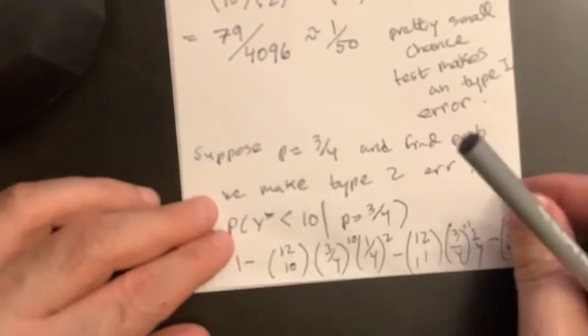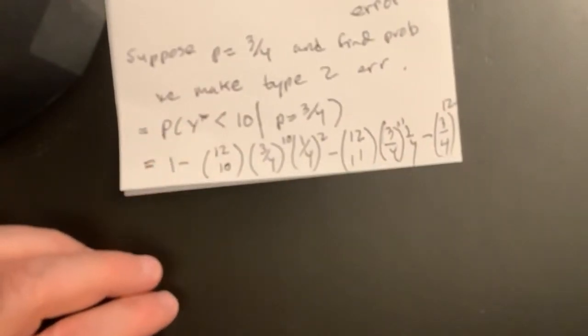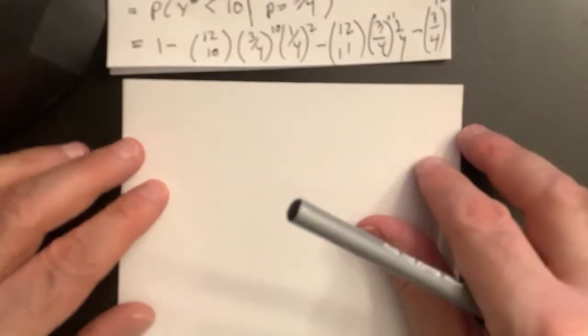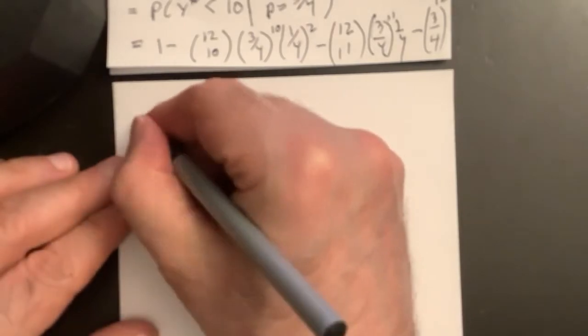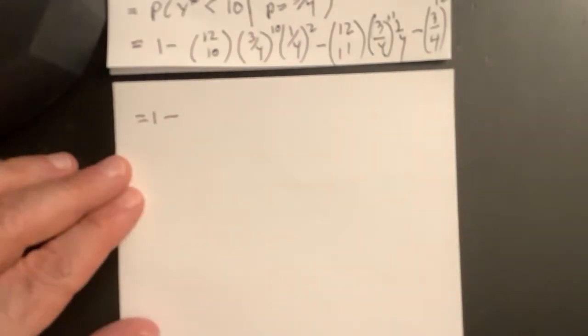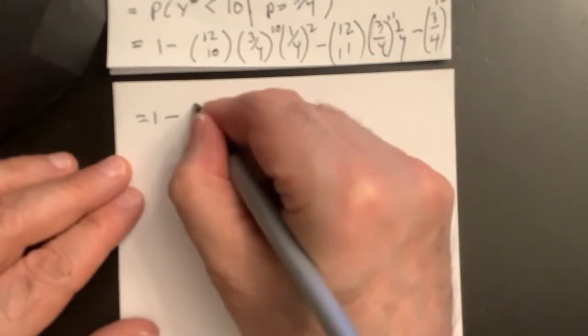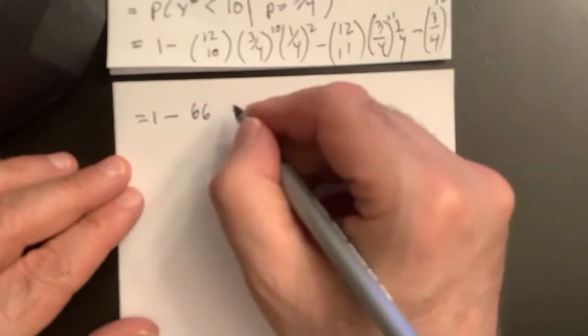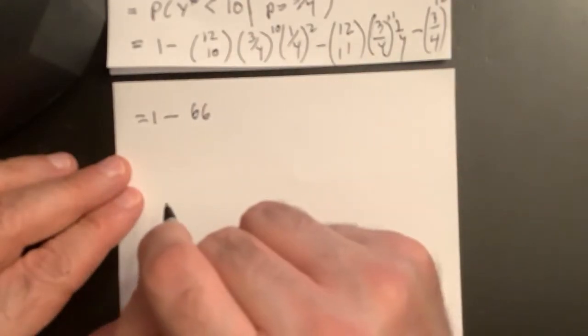We can actually compute these. What do we get? We get 1 minus, I get 66. Well, this is going to be pretty ugly here.